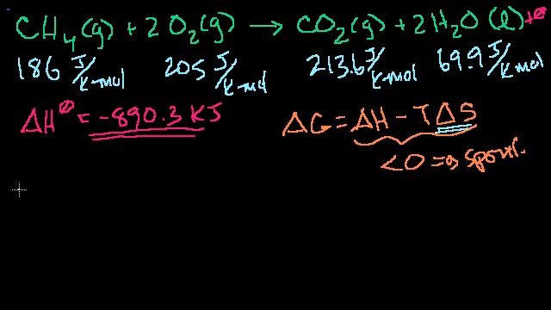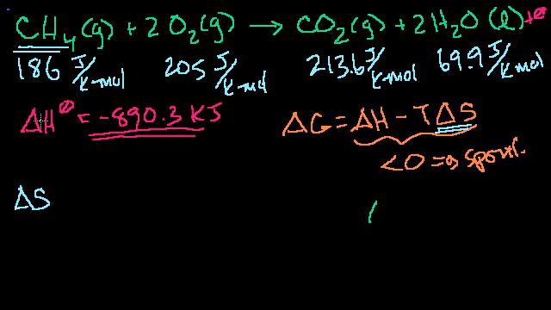And to help figure out the delta S, I, ahead of time, looked up the standard molar entropies for each of these molecules. So for example, the standard molar entropy, and this is just the notation, there's no delta there.